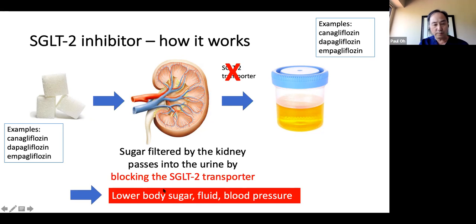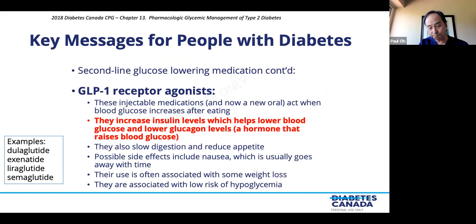Lower body sugar improves glucose control. Lower fluid and lower salt in our body can improve blood pressure as well. So that might be very positive for our overall cardiovascular system. And we'll talk more about that in about 5 minutes.